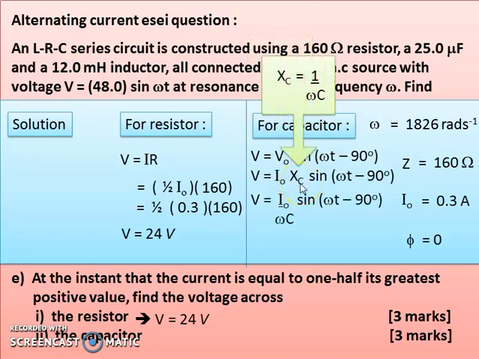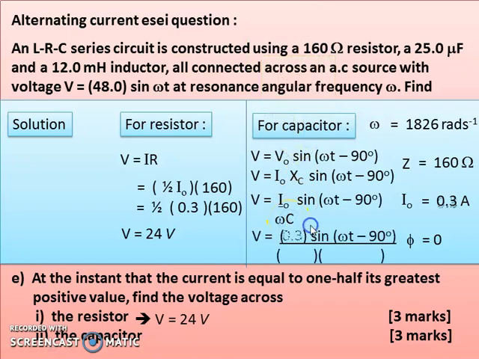And the reactance of the capacitor is equal to 1 per omega C. We substitute I peak into the equation, 0.3, and then the angular frequency 1826 radian per second, and then the capacitance 25.0 microfarad, converted to farad.